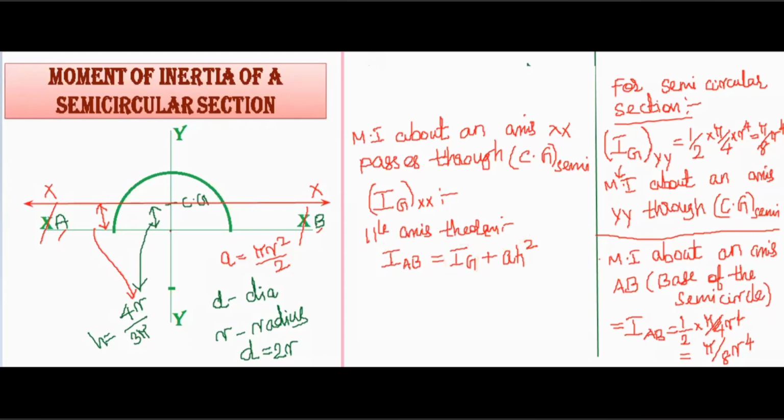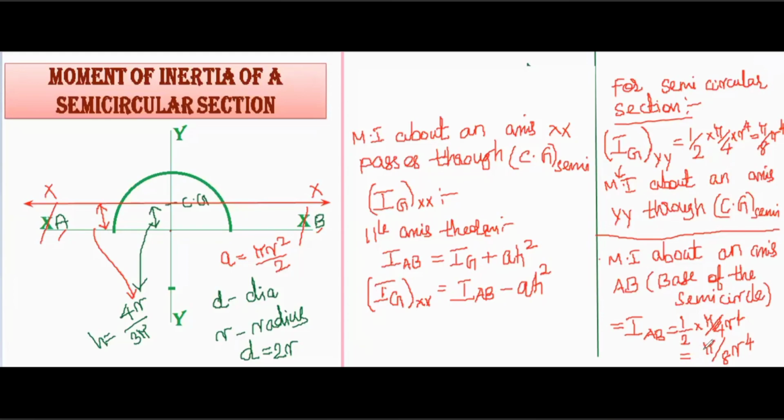So we can write IG XX equal to IAB minus A h square.